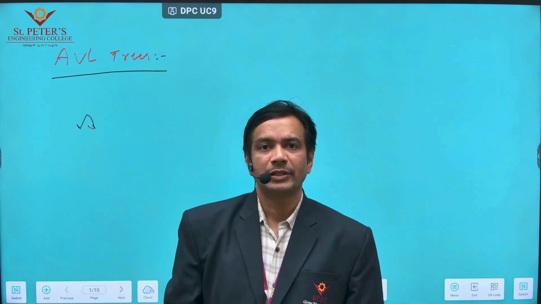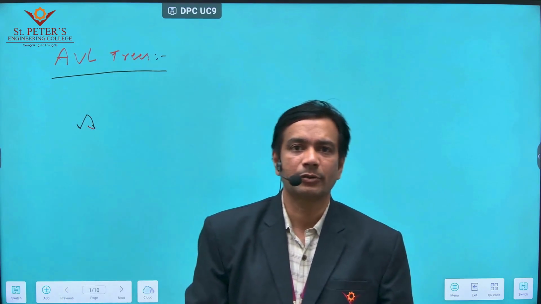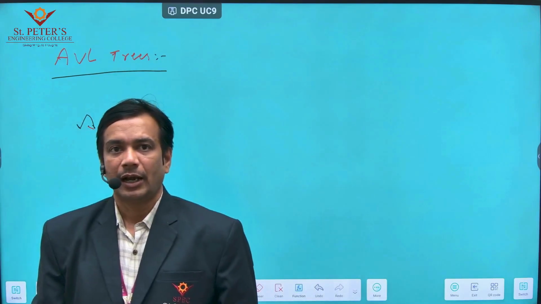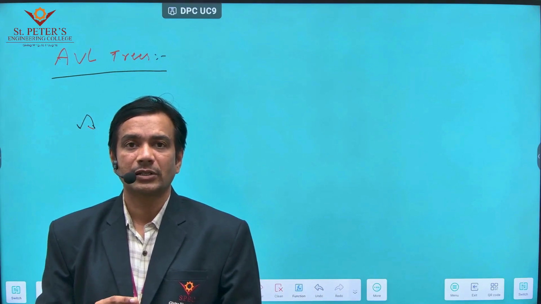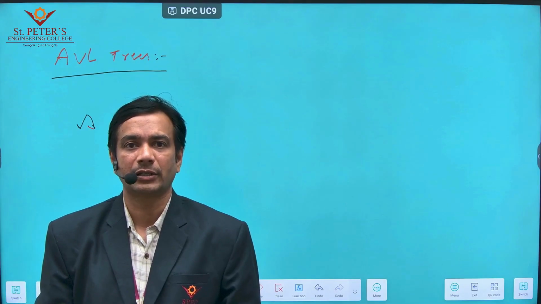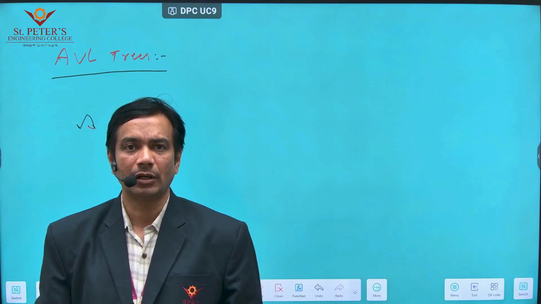Those basic concepts are: what is a tree, what is a binary tree, what is a binary search tree, and what is an AVL tree. After that, we will discuss the rotations that can be performed on AVL trees. Finally, we will discuss the insertion and deletion operations on AVL trees.